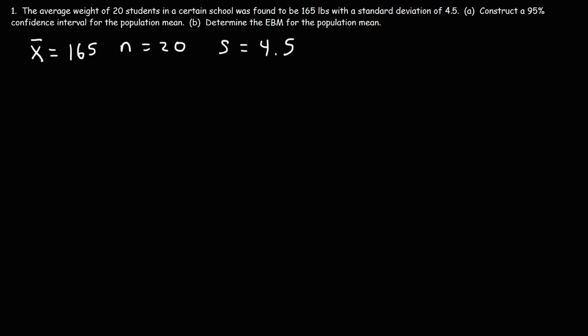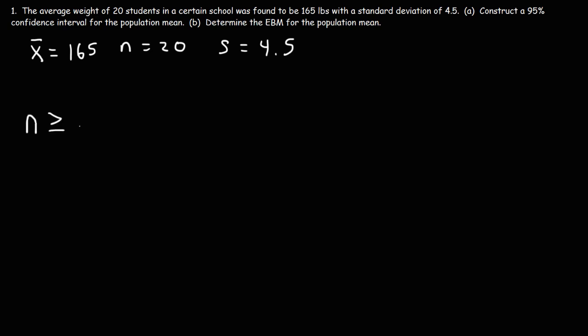When you know the population standard deviation, typically you want to use the normal distribution. But we don't have the population standard deviation. We have the sample standard deviation. And that's one indication that we need to use the student's T distribution to construct the confidence interval. But there's something else that we need to consider as well, and that is the sample size.